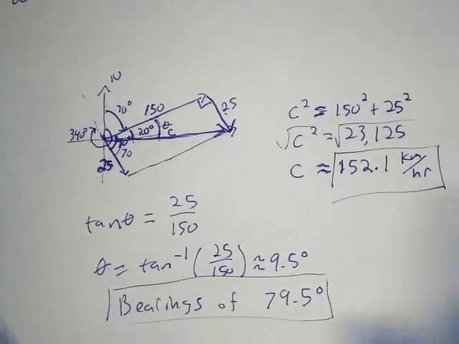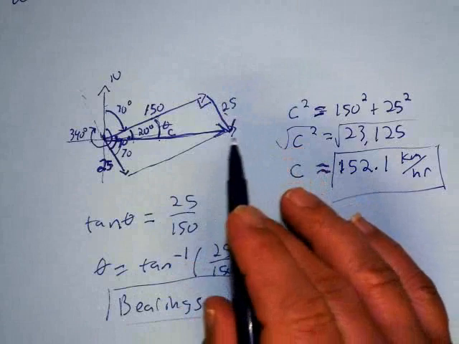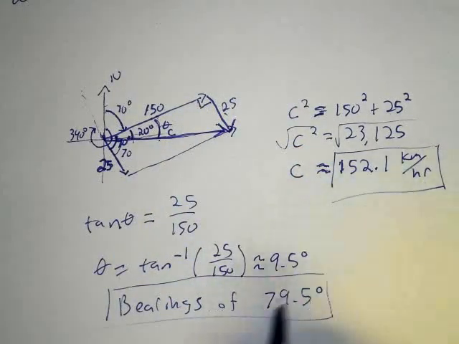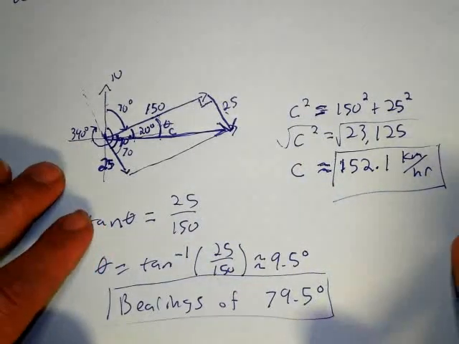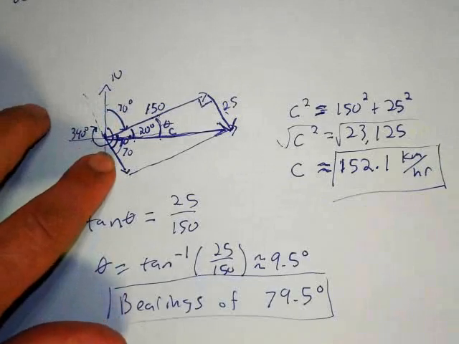So when you take into account the wind and the speed and direction of the plane, it would be traveling at 152.1 kilometers per hour with a bearing of 79.5 degrees. I didn't realize it when I chose this example, but these angles measured up to be 90 degrees.